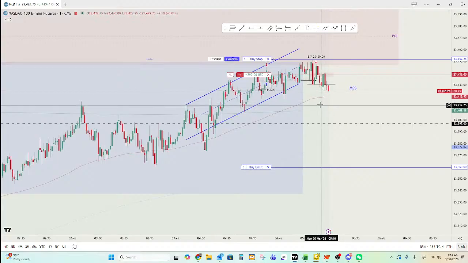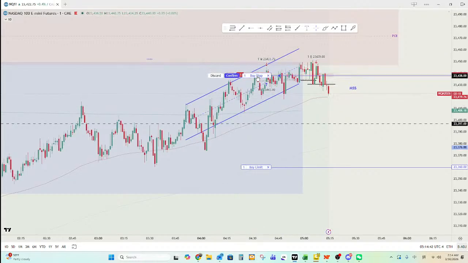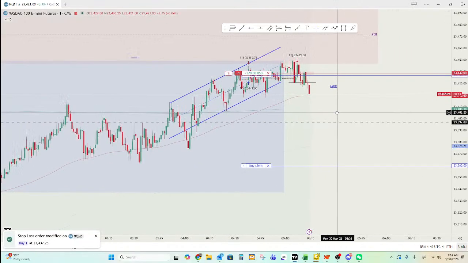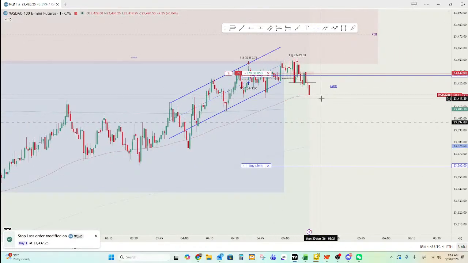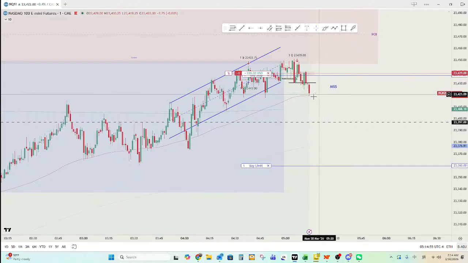Right now I will move my stop loss to the break-even level, because it's about to make a miss of the structure, a change of the structure, so I don't want to lose money in this kind of setup.